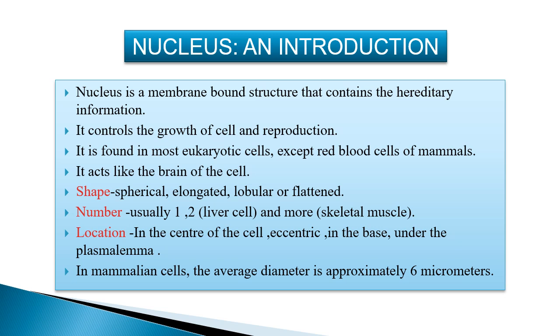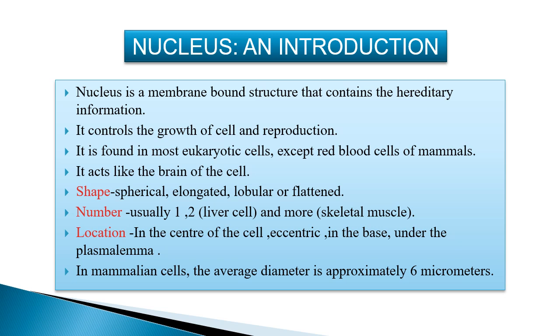The shape is spherical, elongated, lobular or flattened, and the number is usually 1, it may be 2 or more. The location is in the center of the cell. In an animal cell, it is in the center of the cell.